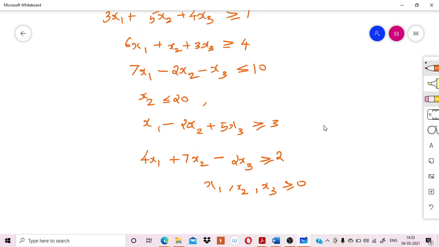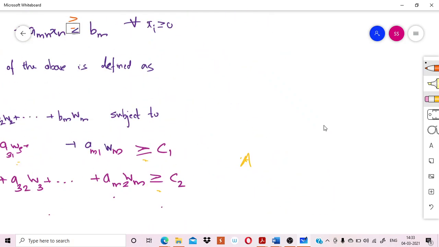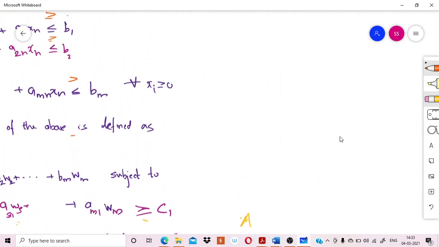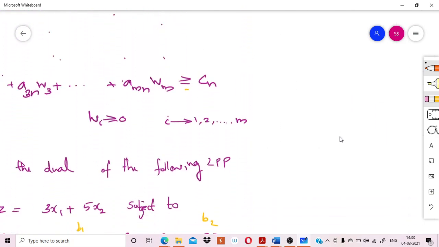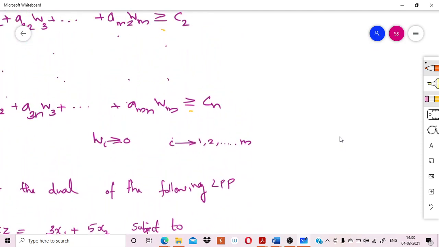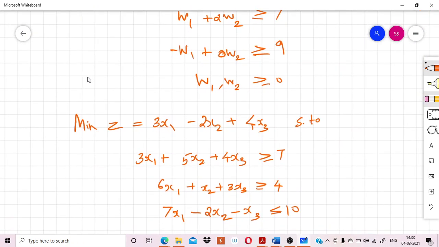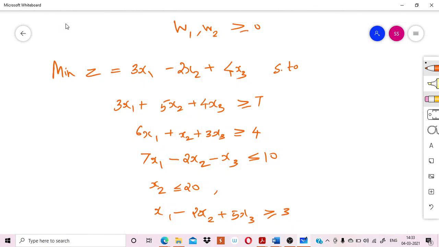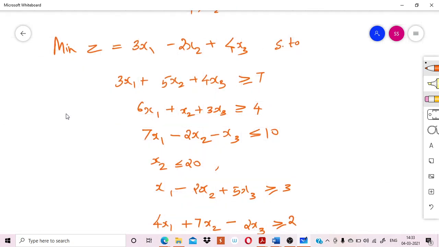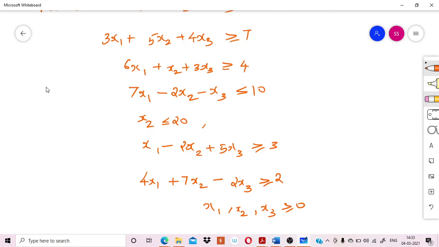Right. So we have 1, 2, 3, 4, 5, 6. Yes, so there are 6 constraints.